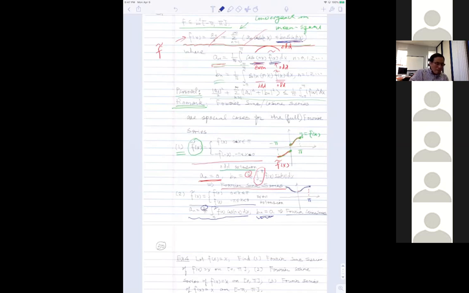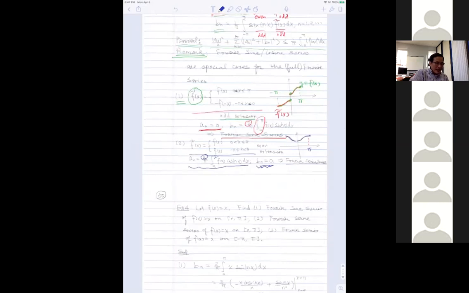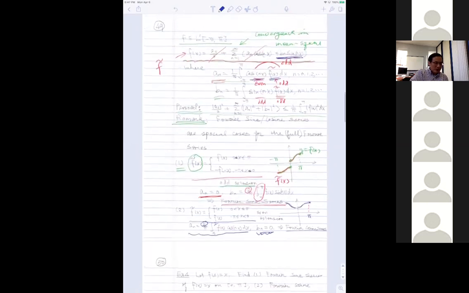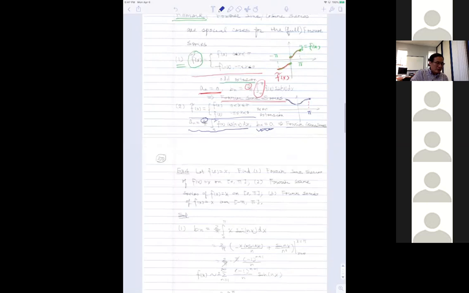Now let's look at an example just to make sure that all of you understand what we are talking about. I give you a function f(x) equals x, and I ask you to find the Fourier sine series of f(x) on the interval from 0 to pi.